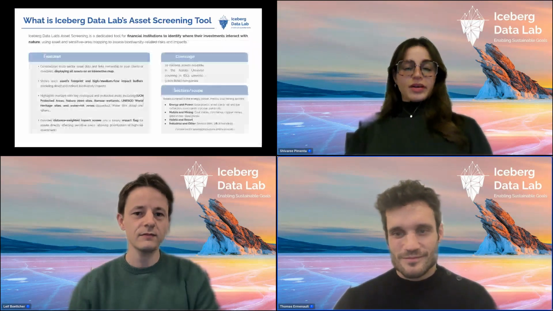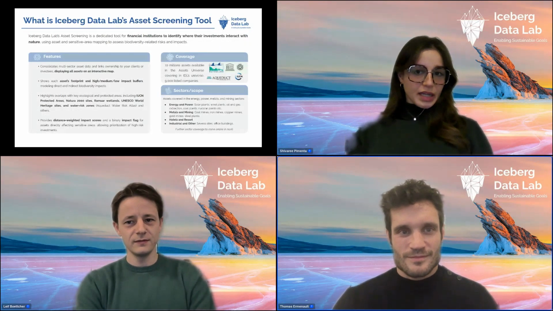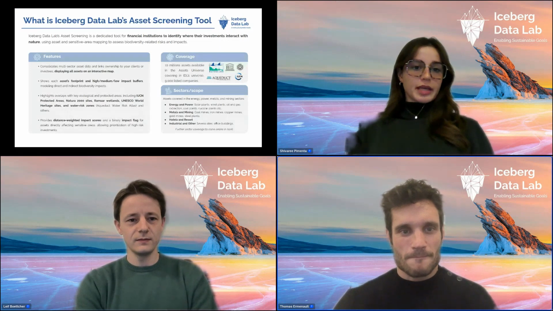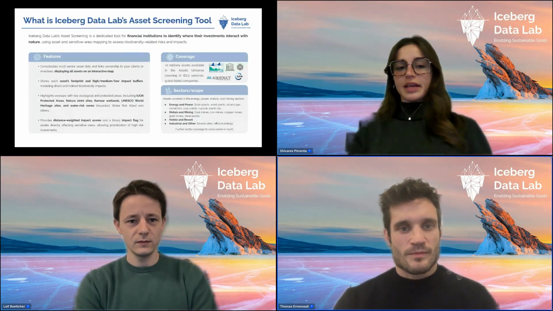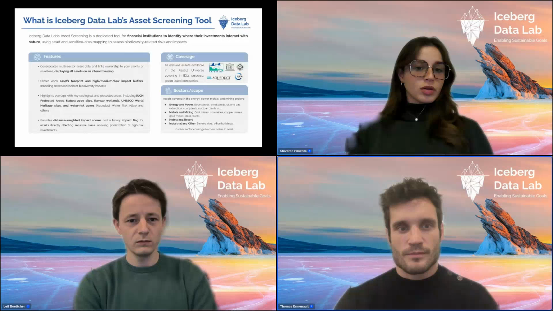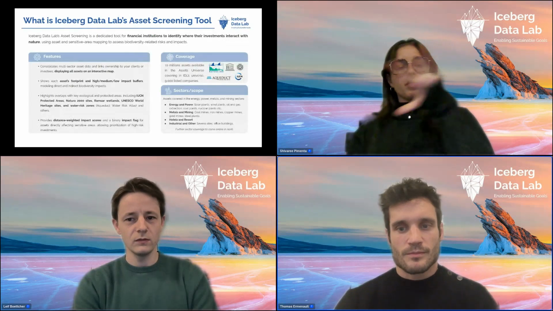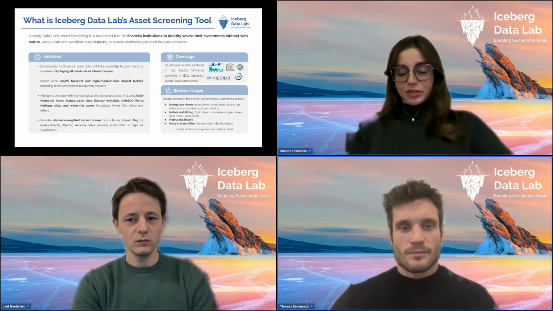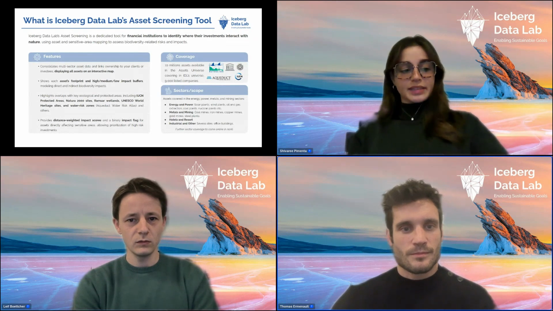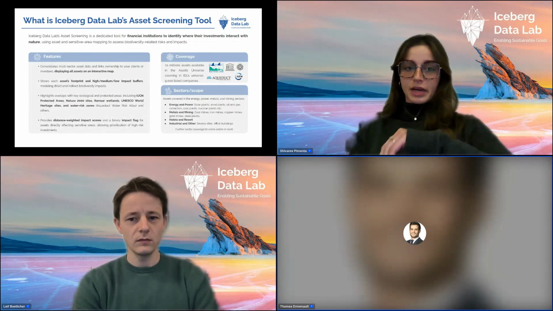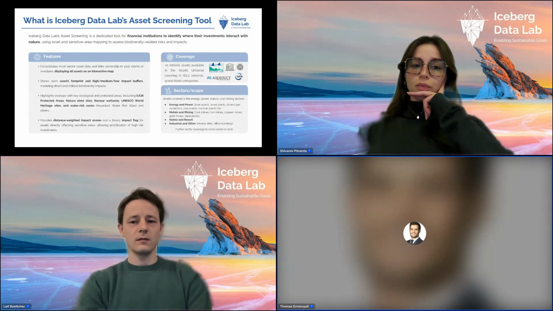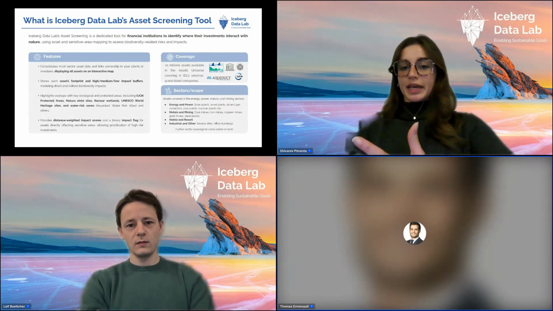Yeah. So regarding the actual methodology, it's based on a simplified approach, but scientifically it's extremely robust. So we provide on one part an identification: whether yes or no my asset is located within or close to a protected area, but also, and more importantly, quantification.